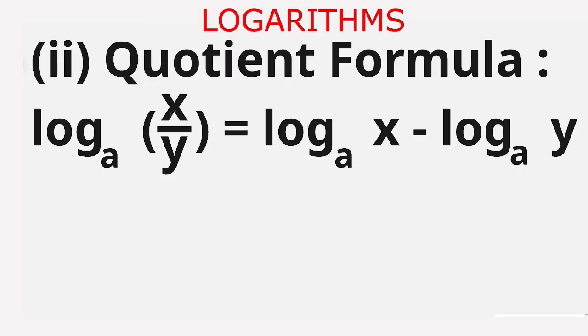Log x upon y base A equal to log x base A minus log y base A. If base is common, then we can write without base, like log x upon y equal to log x minus log y. Now we prove this formula.